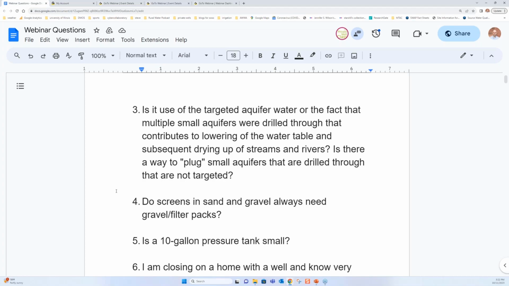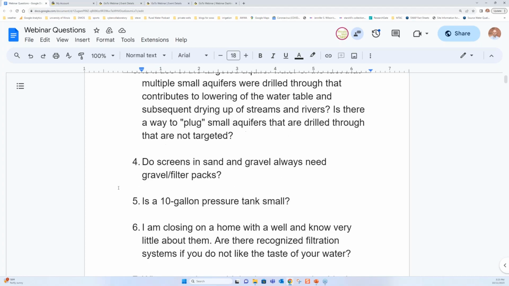What it typically means, and again, I'm not an expert here, is that if you have a tank that small, your system may be relying on your pump more than the pressure tank. I talked to the person who installed that. I don't know of any tanks that are only 10 gallons that are not part of a system where the pump can kick on and keep the pressure up.